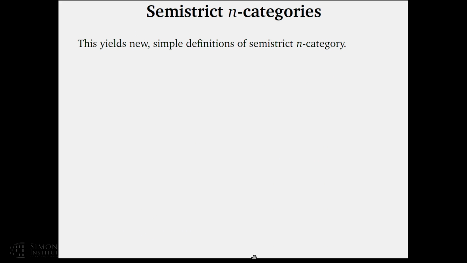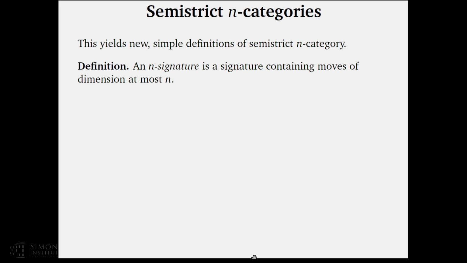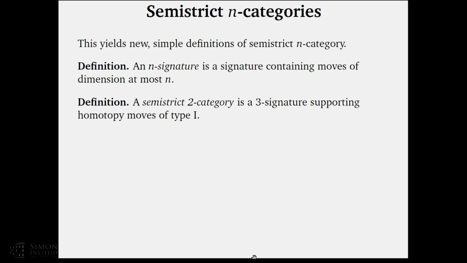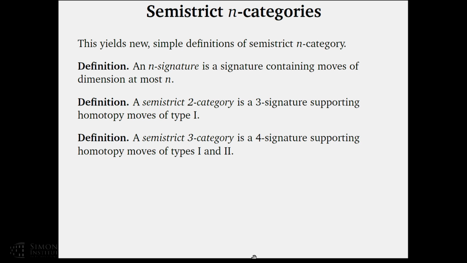And then we can use this to give new simple definitions of higher category theory. If we say that an n-signature is just a signature, a list of rules, which is at most of some dimension n, then a semi-strict 2-category is a 3-signature that supports moves of type 1. A 3-category is a signature supporting moves of types 1 and 2.